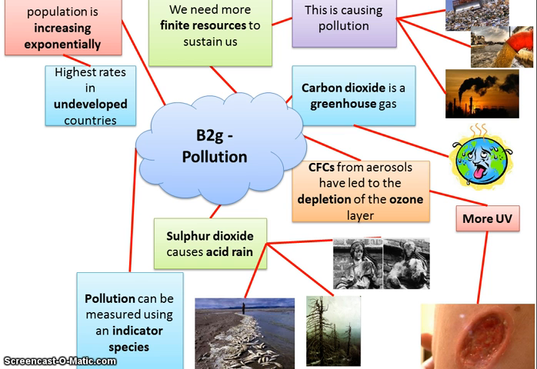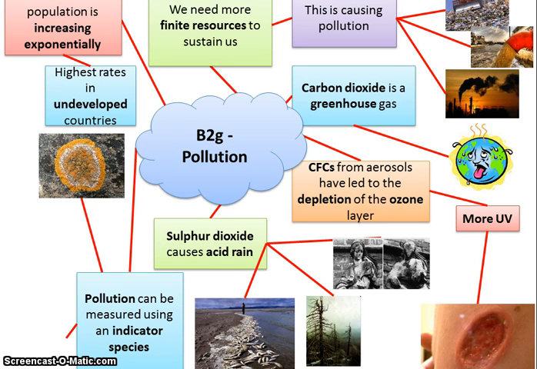Now scientists use a lot of these organisms called indicator species, and what this means is you've got certain species of insects and plants that live in certain conditions, and if scientists look and they can't find any of these particular indicator species, it means that there's pollution. An example of this is something called the rat-tailed maggots.